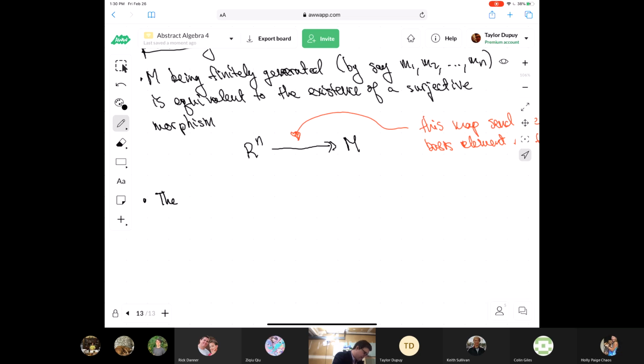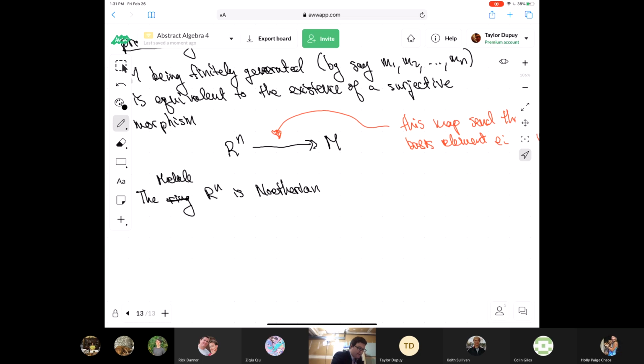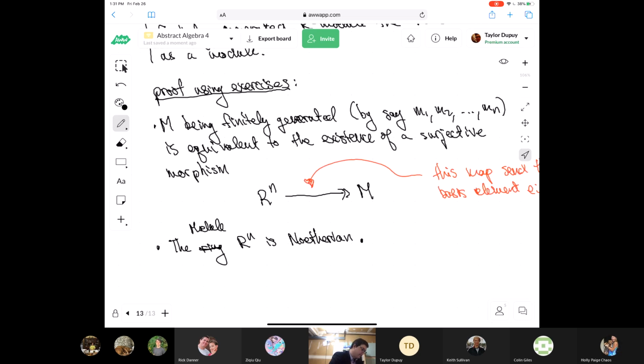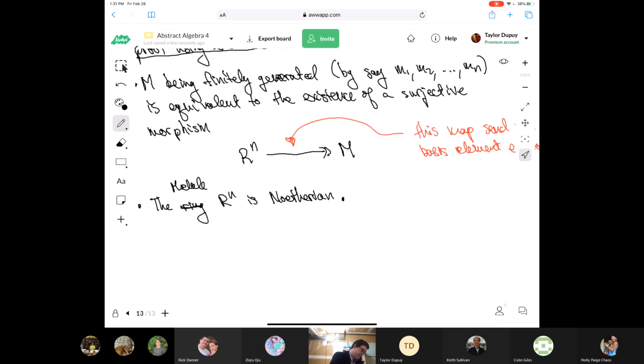The module R to the n is Noetherian, since it's a finite direct sum of Noetherian modules. This uses the second part of the exercise.